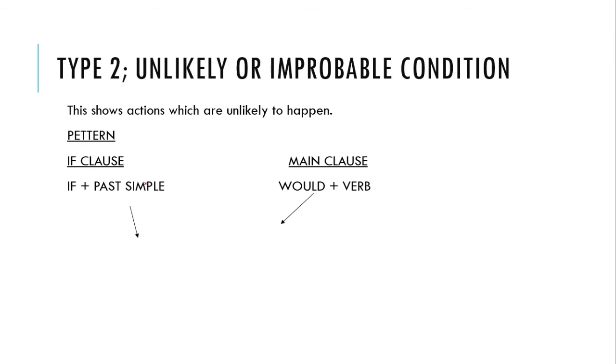What is past simple? This is very simple, this name. It shows actions that took place in the past. For example, work, you add ed, and it will be what? Worked.